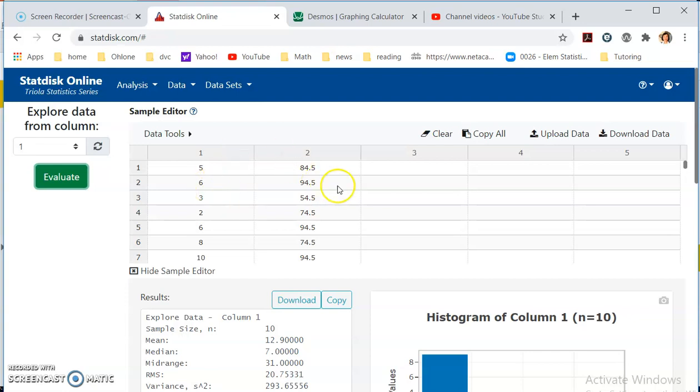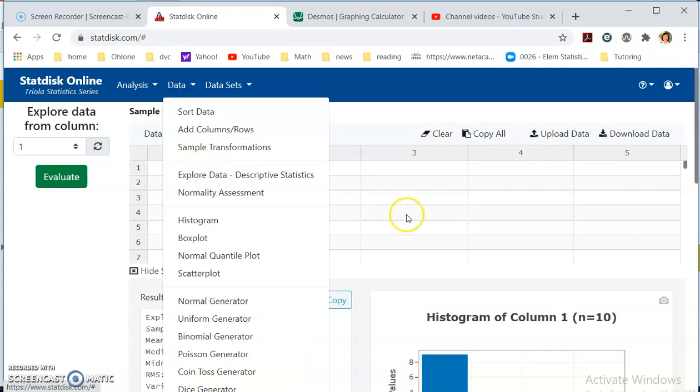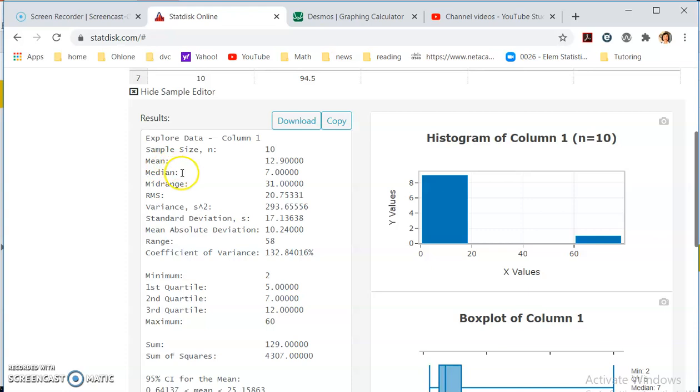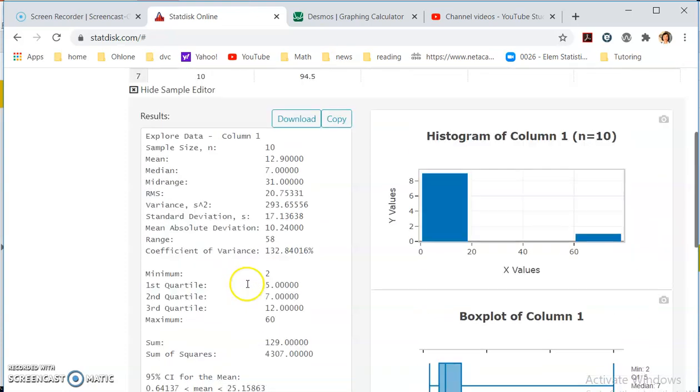You use S to estimate sigma. So no one is really in the business of needing to calculate the population standard deviation, so they don't have it in the descriptive statistics. You see they have mean, median, mid-range, RMS, variance, which we'll talk about, and standard deviation, but there's no population standard deviation.